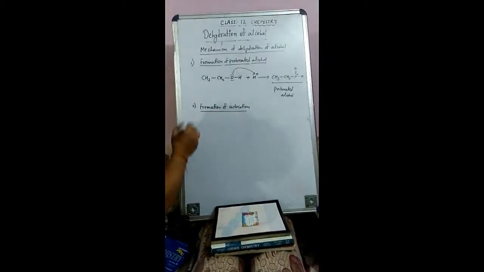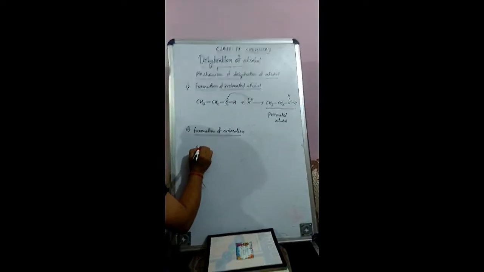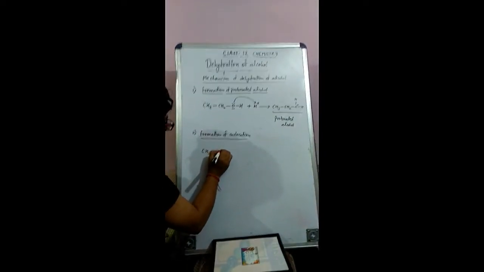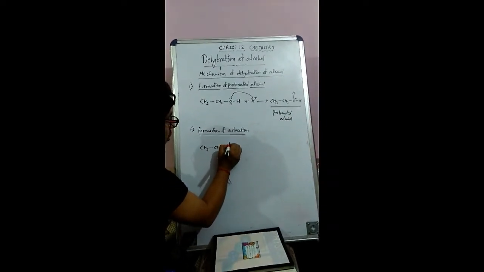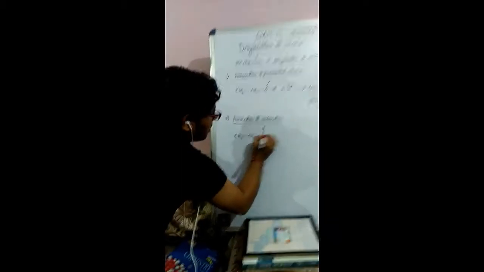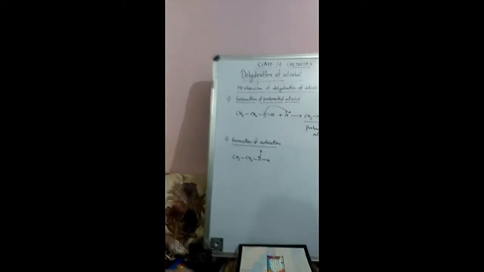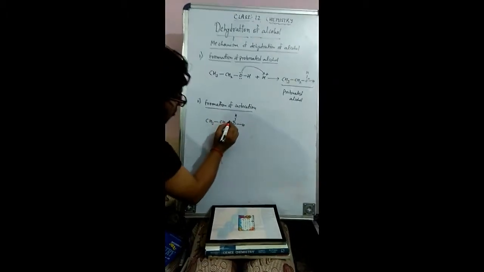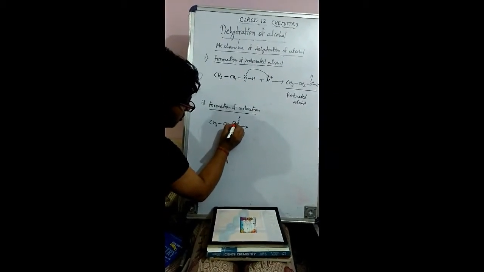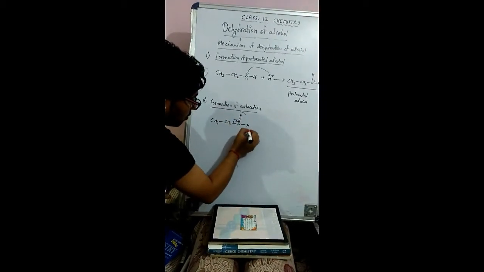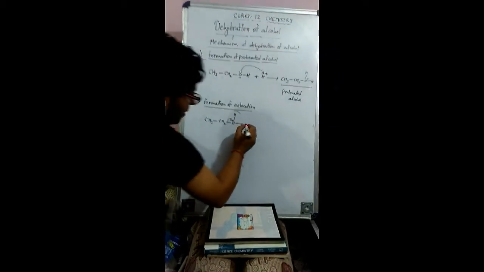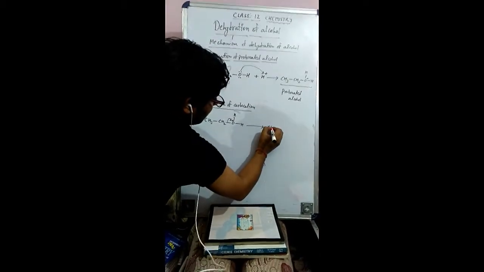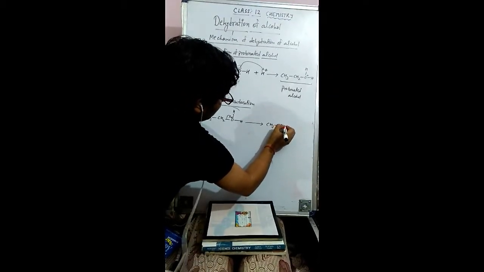Formation of carbocation. This protonated alcohol CH3-CH2-O-H-H is positively charged. Now oxygen has the positive charge, so the bond will give its electron to this oxygen, and the whole water molecule is eliminated from here, and we get CH3-CH2.